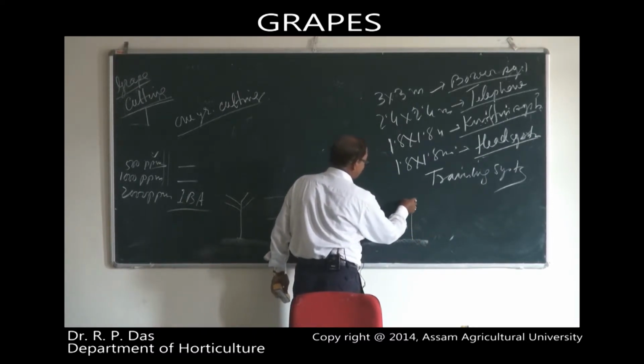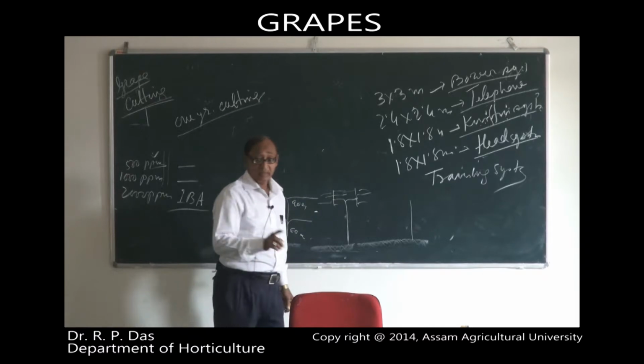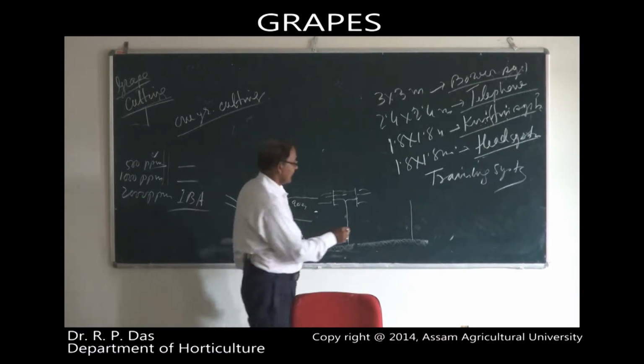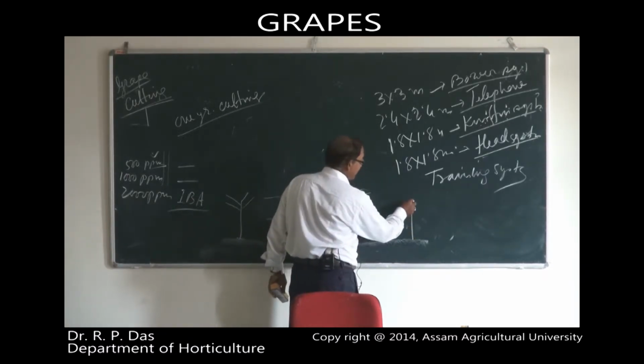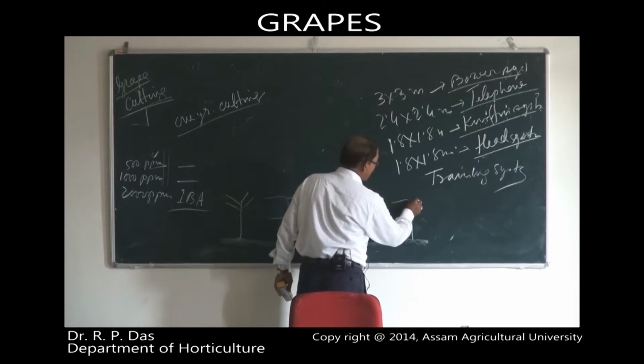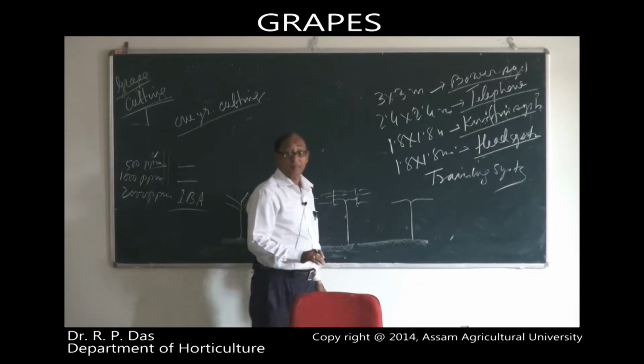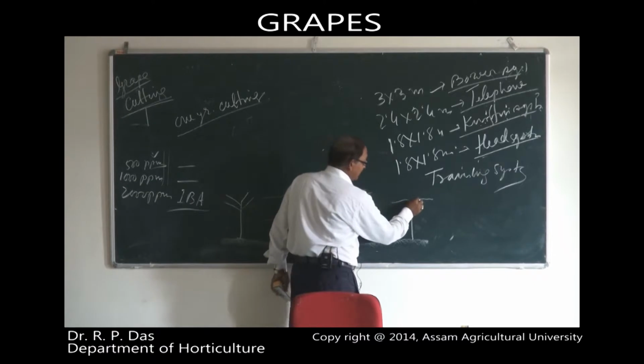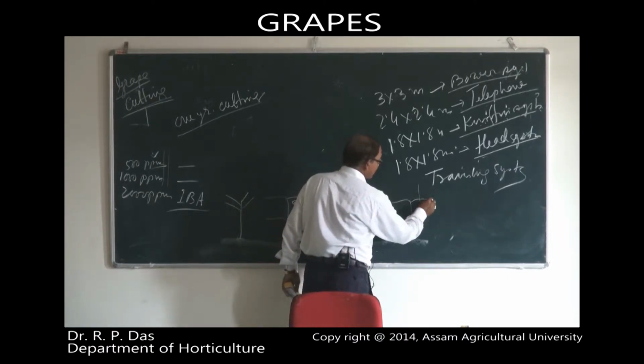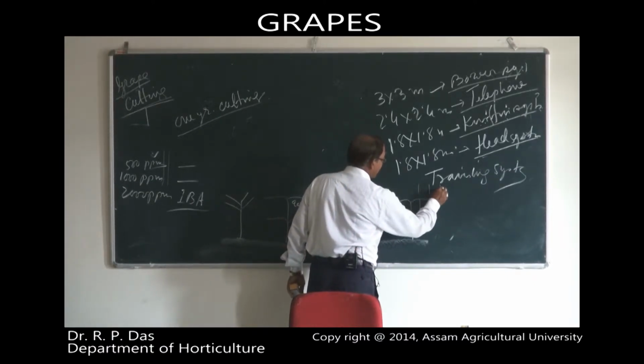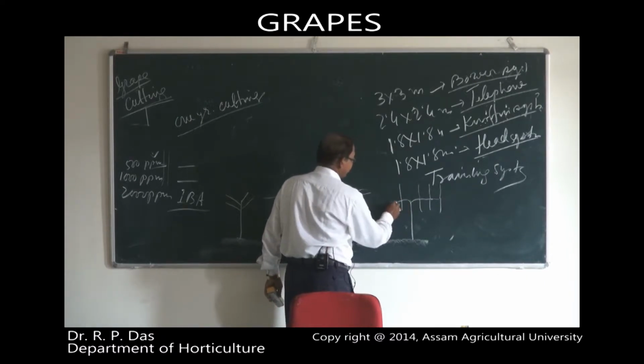Then in case of Bauer system, in your practical manual, all these diagrams are there. Bauer system up to 90 centimeters, 2 branches are allowed to develop in opposite directions. Then another 3 pairs in opposite directions.